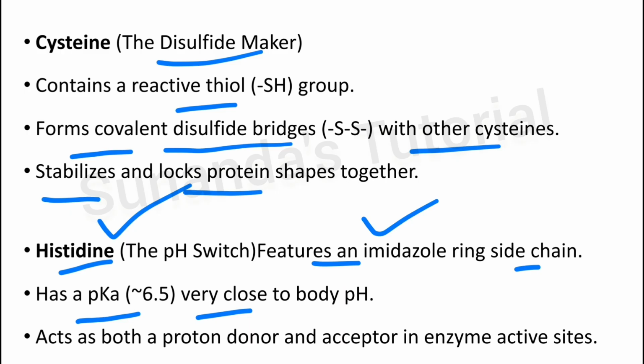So what is pH and pKa? pH is the measure of how acidic or basic a liquid solution is, based on the concentration of hydrogen ions it contains. But pKa is a fixed chemical property of a specific molecule, which tells you how easily it gives off a hydrogen ion. So that is the difference between pH and pKa.